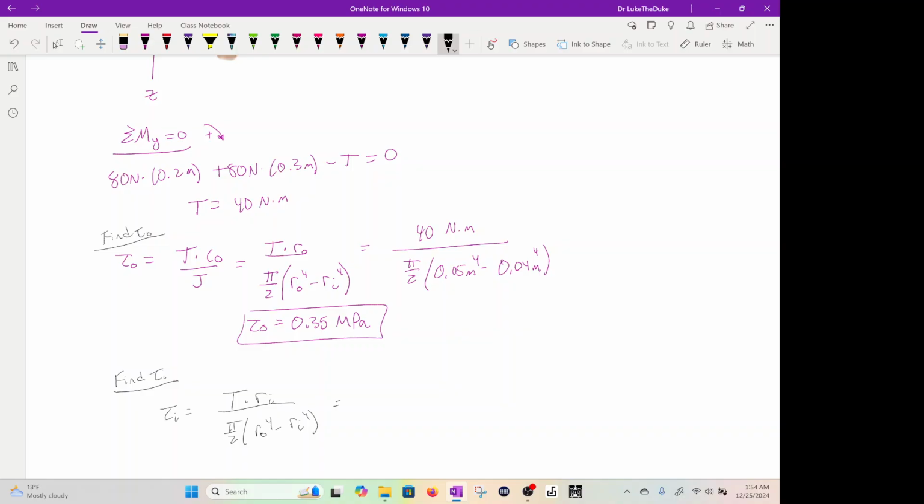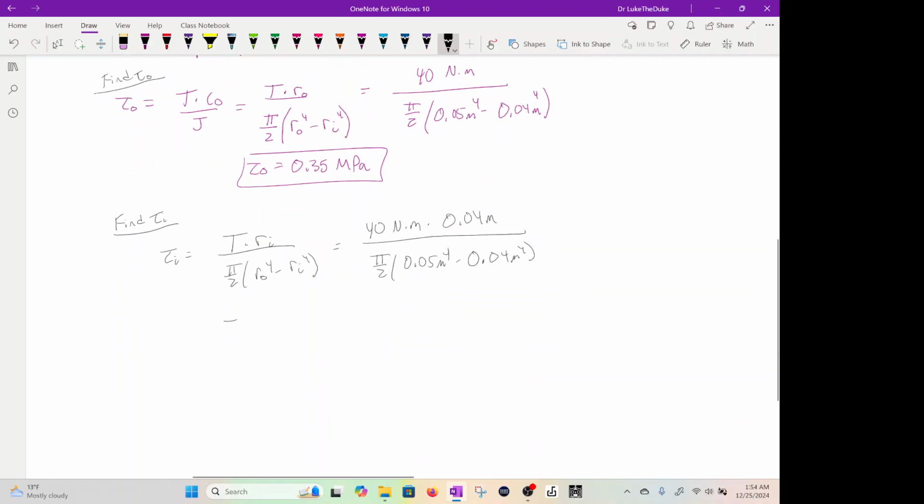Sorry about that. 40 Newton meter times 0.04 meters over pi over 2 times 0.05 meters to the fourth minus 0.04 meters to the fourth. Your inner shear stress is 0.28 megapascals. Actually, let's do it consistent. 0.28 megapascals. Okay, that's your shear stress.